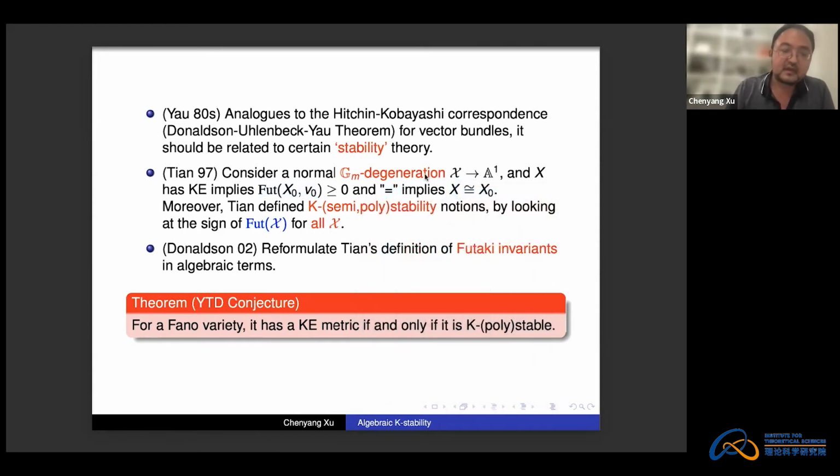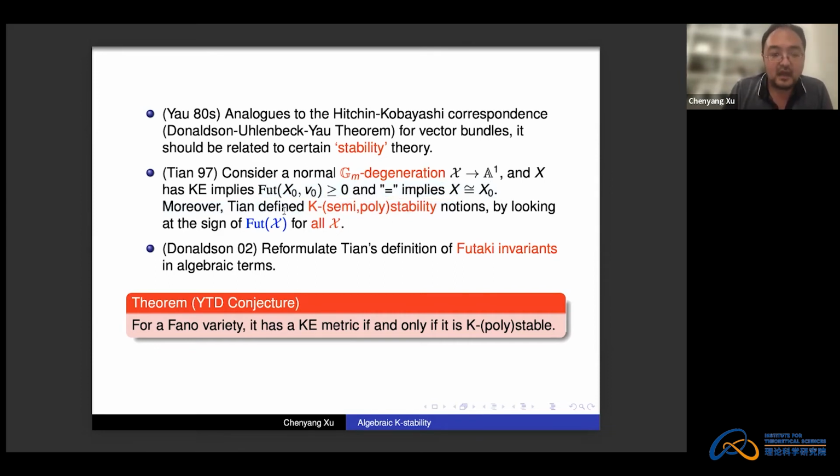Basically, Tian proved in this paper one direction, that Kähler-Einstein implies this kind of algebraic condition, this numerical condition, and he also used this numerical condition to define the corresponding stability notions, like semistability and polystability.